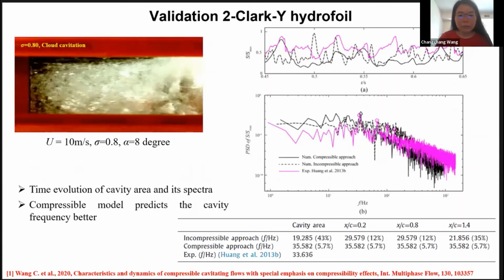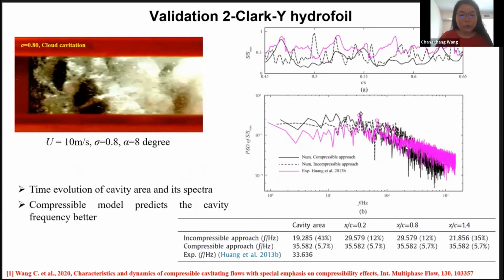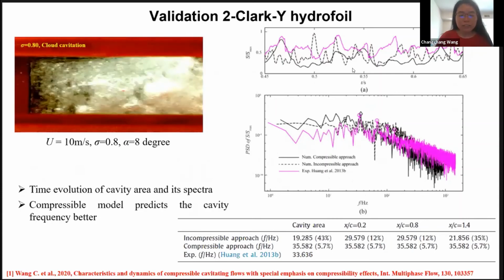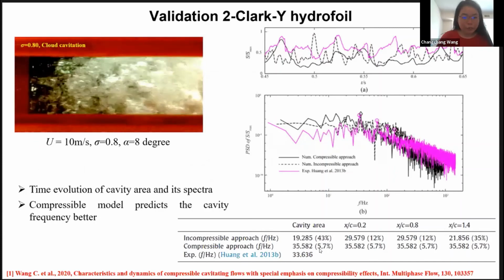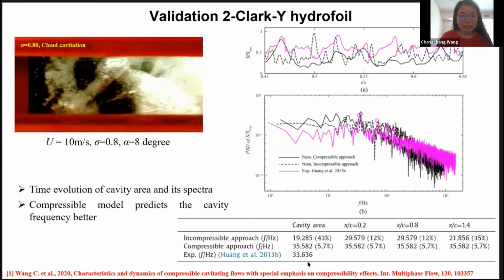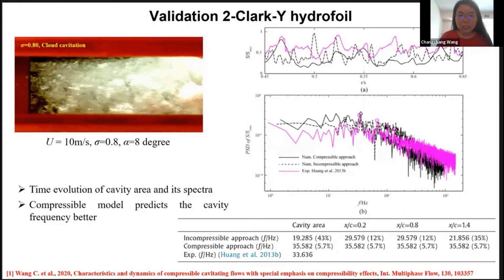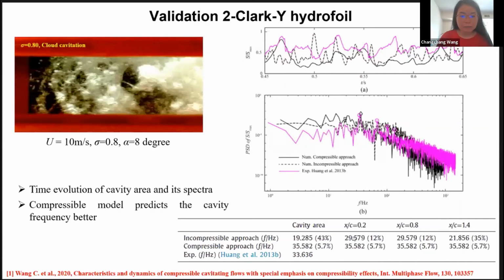Firstly, we can see several peaks on the frequency spectrum. However, the incompressible method can only predict one peak, and there is still a difference between the experiment and the incompressible method, while the compressible method can predict 4 peaks that agree with the experimental data.